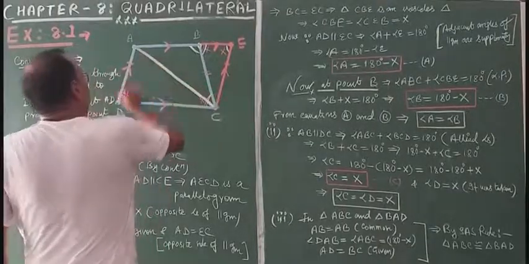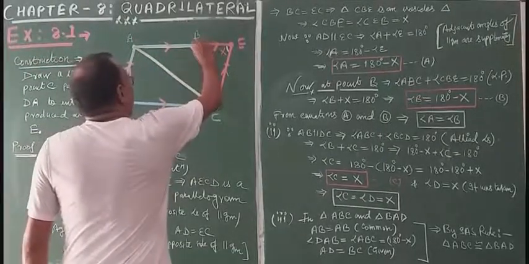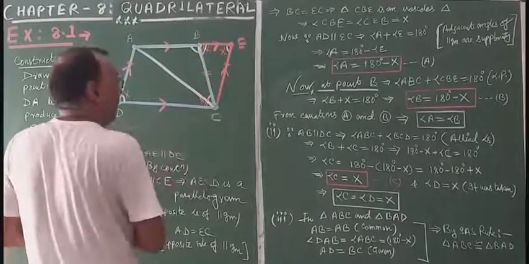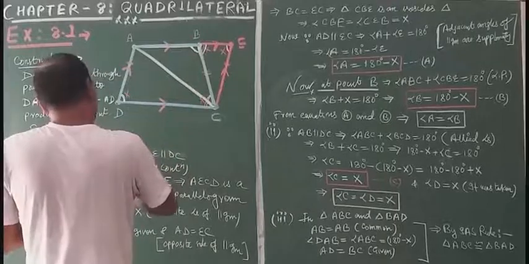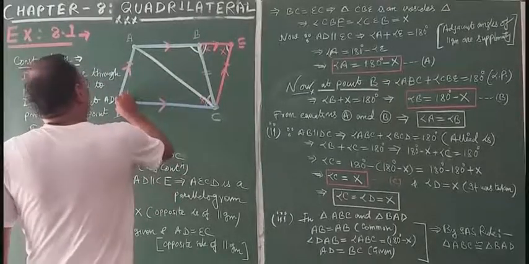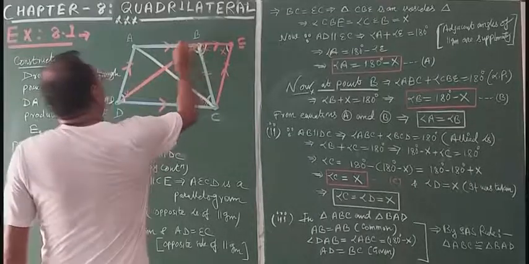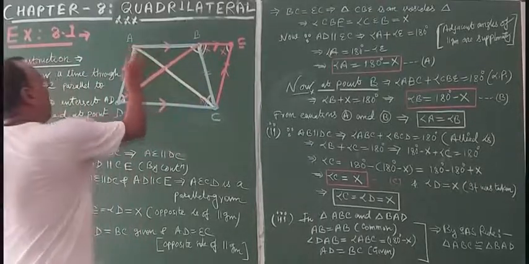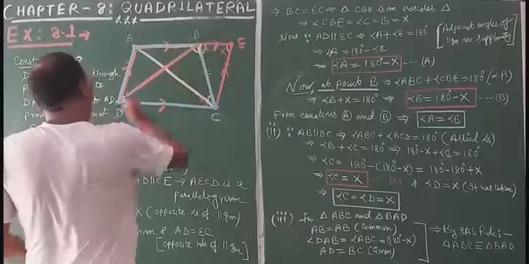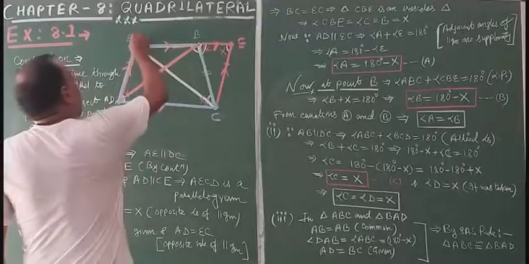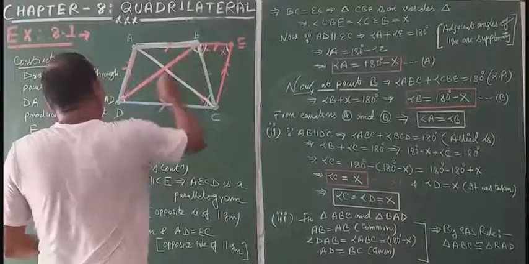And another one is BAD, the reddish color. Both colors share the side AB.